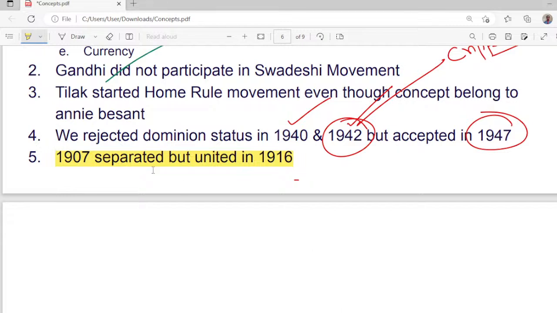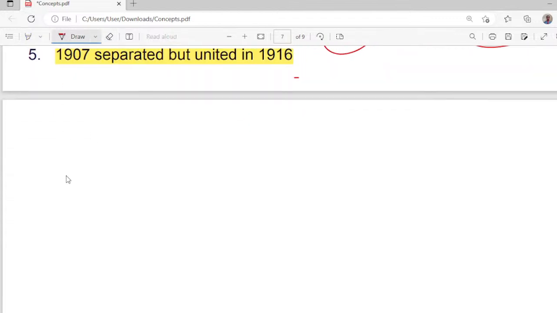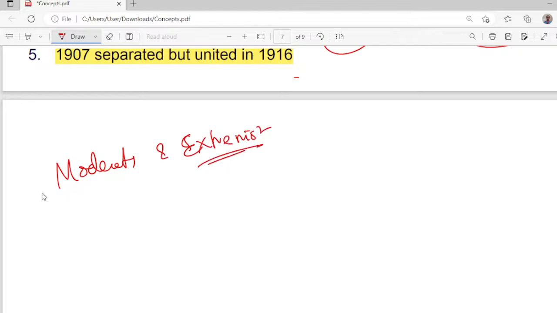Okay, write down. What was separated in 1907 is basically the moderates and extremists. Moderates and extremists got separated in 1907 at a place called Surat.